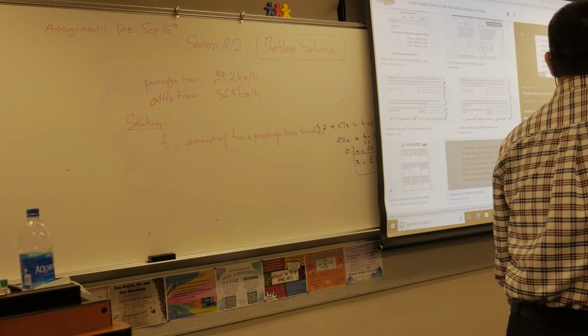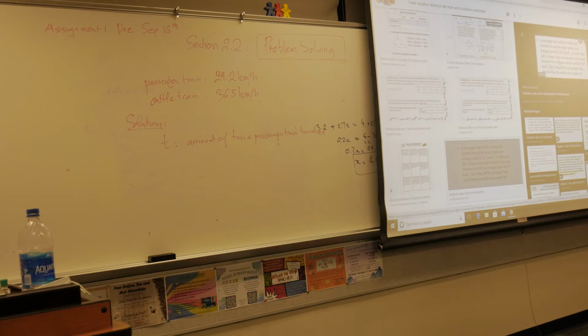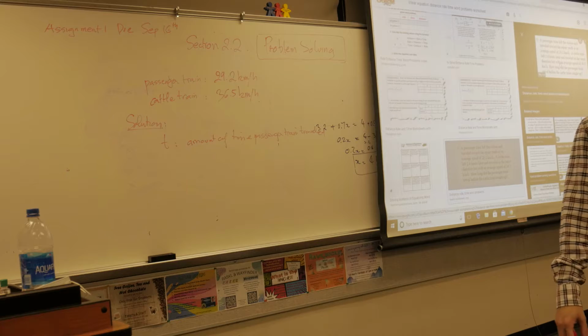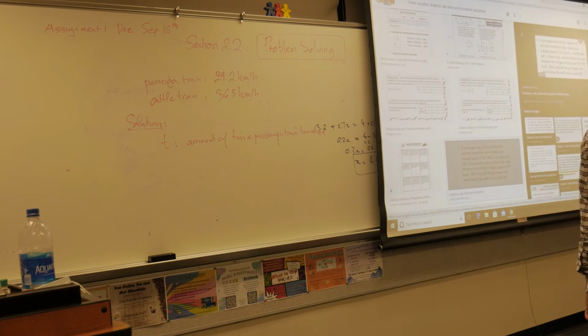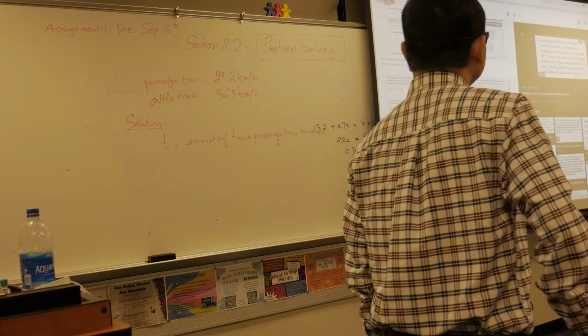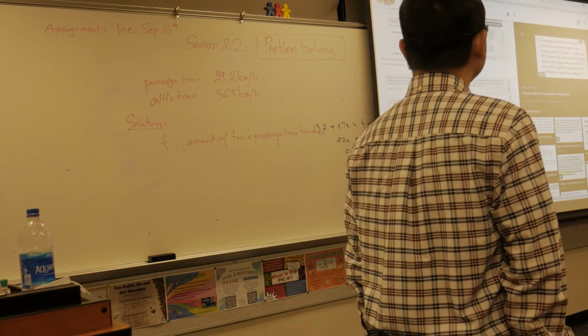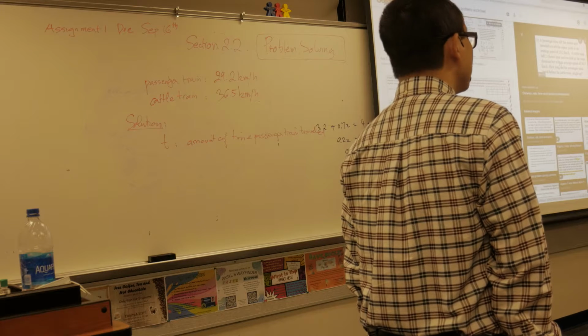Go ahead and solve it. What do you get? Let's see what you get. It should give you a nice number. I think so. It doesn't give you a nice number? No. Is it the right equation?